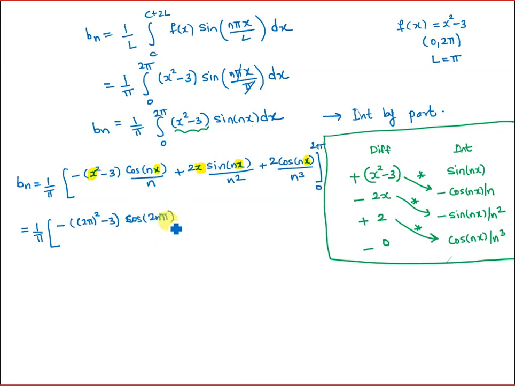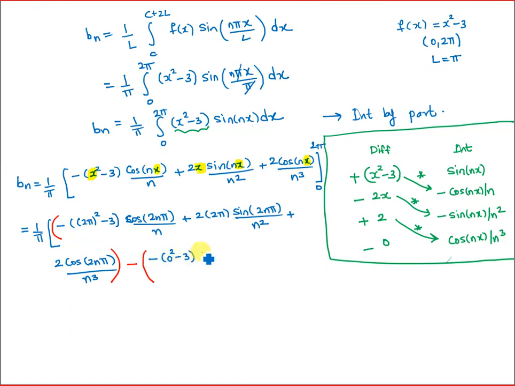Second term, 2 times 2 pi sine of 2n pi over n square, plus 2 cosine of 2n pi over n power 3, is in one bracket, minus the value at x equal to 0, which is minus of (0 square minus 3) cosine of 0 over n plus 2 times 0 sine 0 over n square and plus 2 cosine of 0 over n power 3. This is the value at x equal to 0.